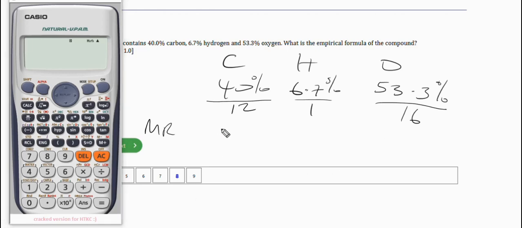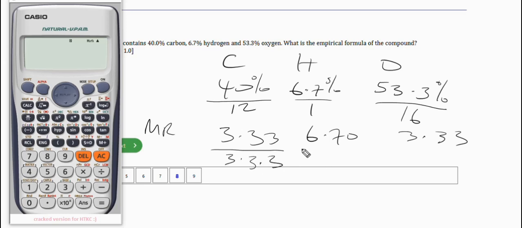So this gave us 3.33, this is 6.7, let's add 0, this is 3.33. So at this juncture, divide through by the least mole ratio, which is 3.33. This will give you 1, this will give you 1.